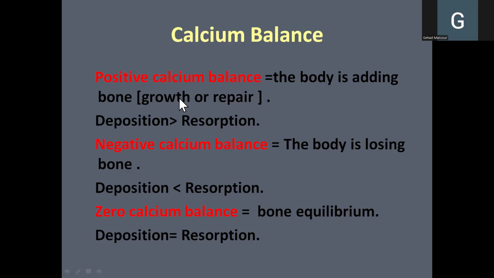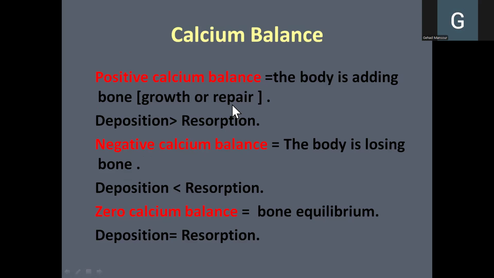When does this happen? During growth. During growth, from day 0 or day 1 of your life until you reach puberty or even after. But afterward, after the age of 30 to 40, this starts declining, and maybe the process of resorption would be greater than or occurring at a higher rate than deposition.